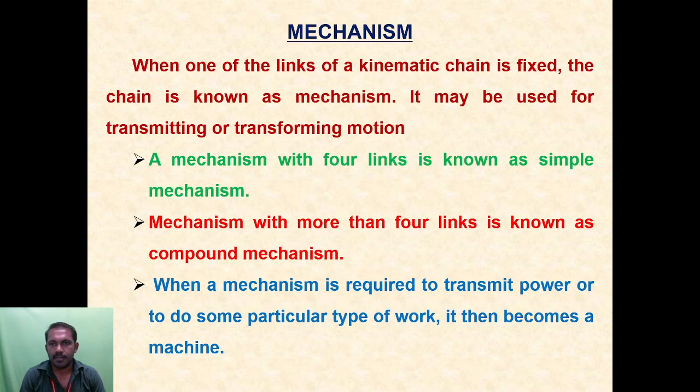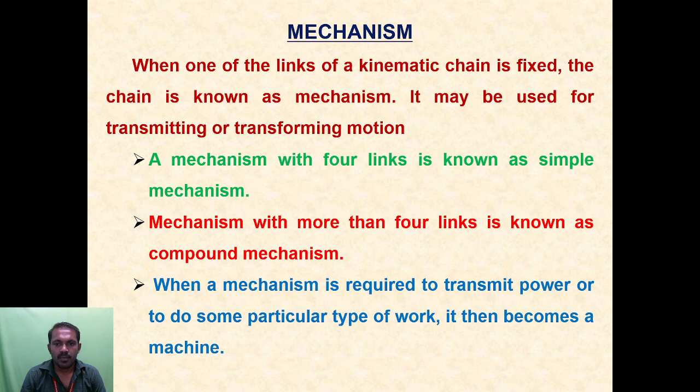Next, mechanism. Previously we discussed machines, so now we discuss mechanism. When one of the links of a kinematic chain is fixed, the chain is known as a mechanism. It may be used for transmitting or transforming motions.